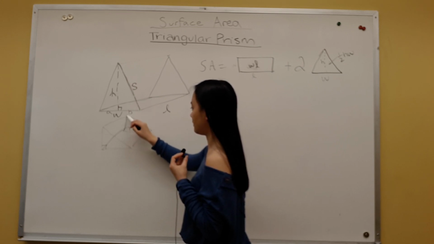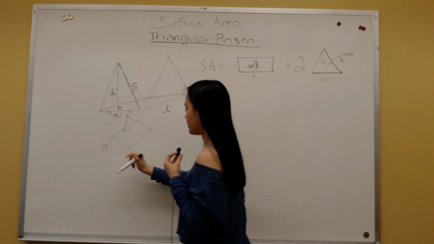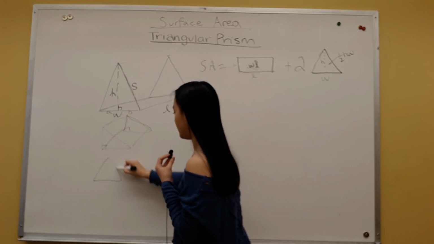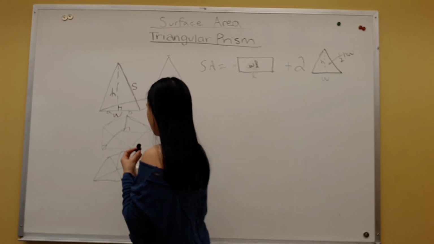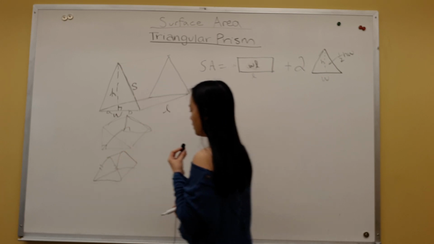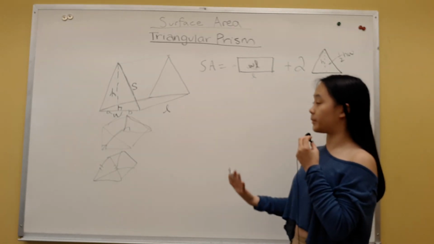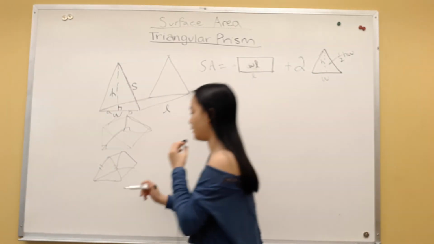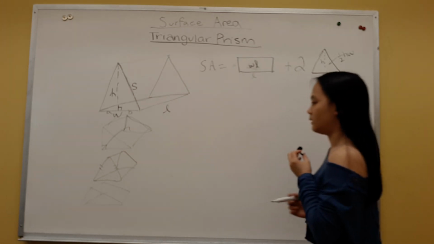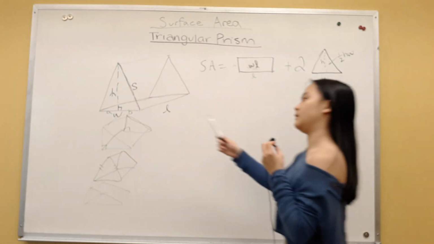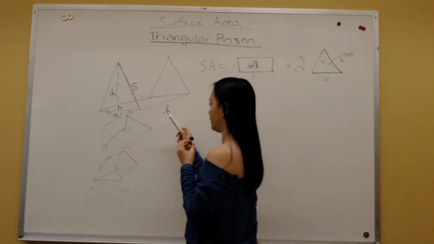Is it a triangular prism like this, where the sides of the triangle are isosceles or equal? Or is it a triangular prism with scalene triangles on the ends? That means none of the side lengths are the same, and that is just a random triangle. Nonetheless, let's analyze these two faces separately.